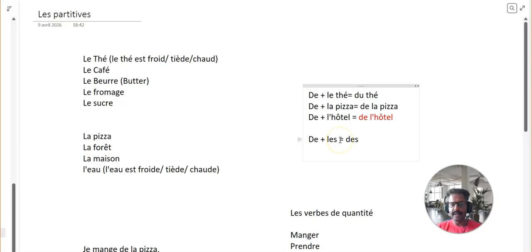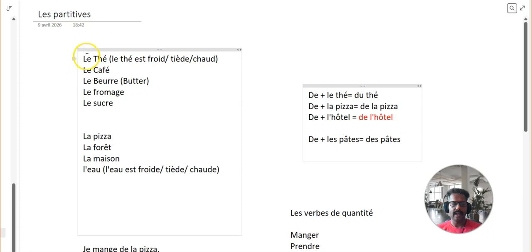And then comes les pâtes, pâtes is pasta in French, and it becomes des pâtes. So now you see that these are the contractions that you must know before learning partitives in French.